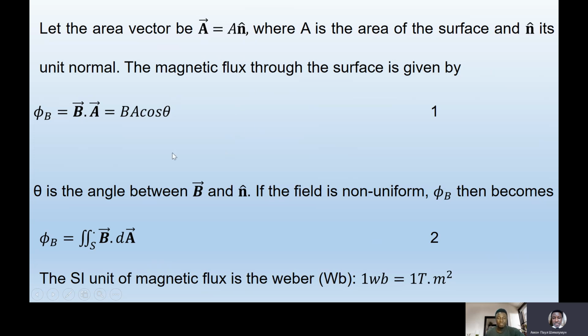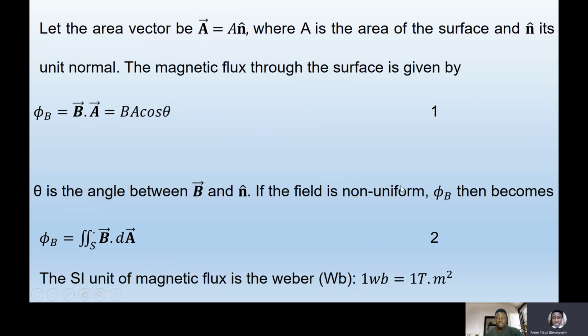The magnetic flux through the surface is given by phi B equals B dot A, and that gives us effectively the magnitude of B, the magnitude of A, and the cosine of the angle theta. Theta is the angle between B and the unit normal n.